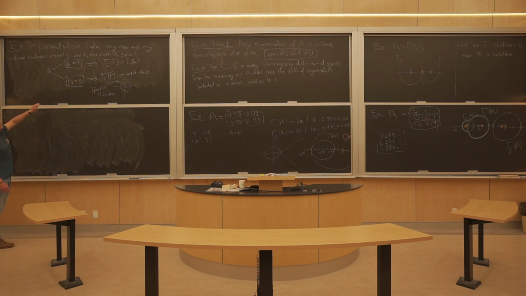Let's generalize this permutation idea along this idea of the stochastic matrix. So here are two definitions.